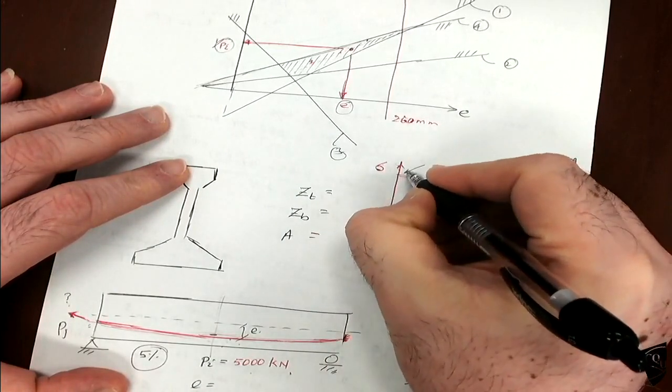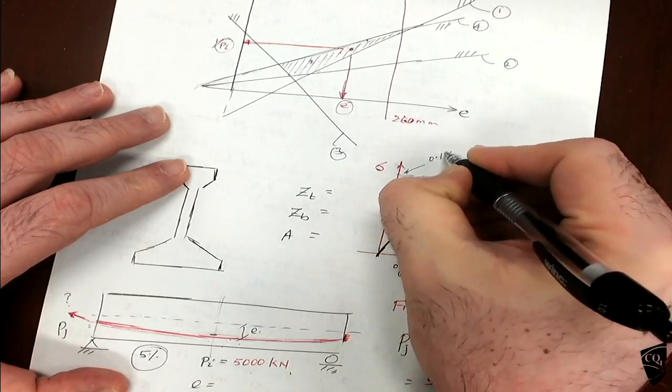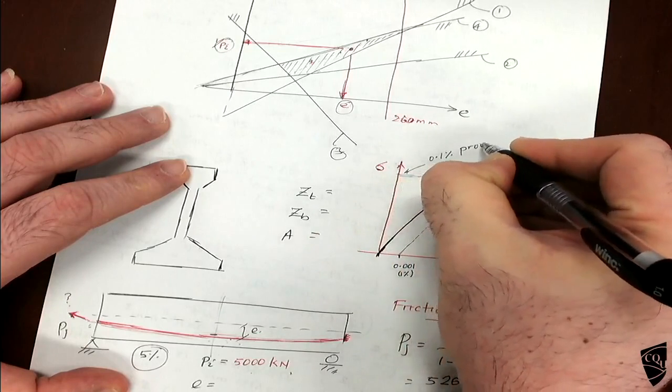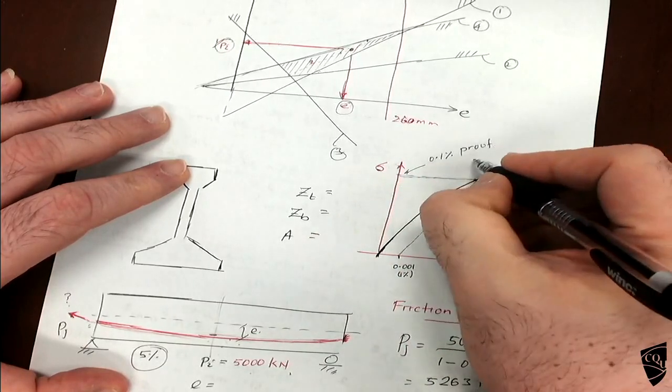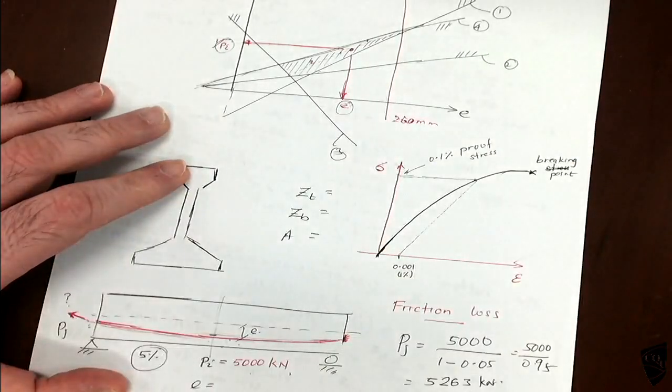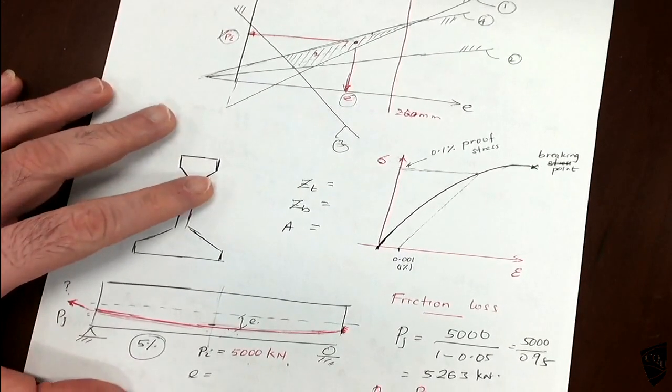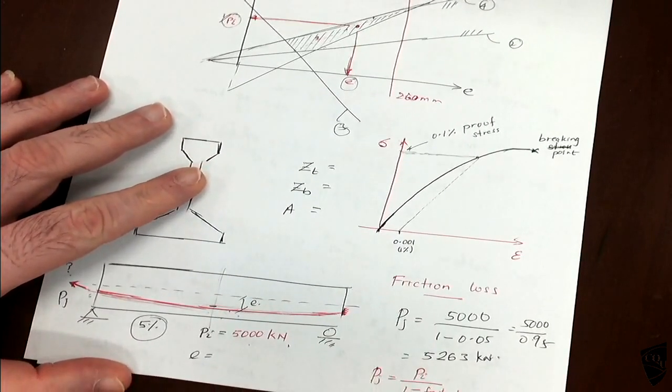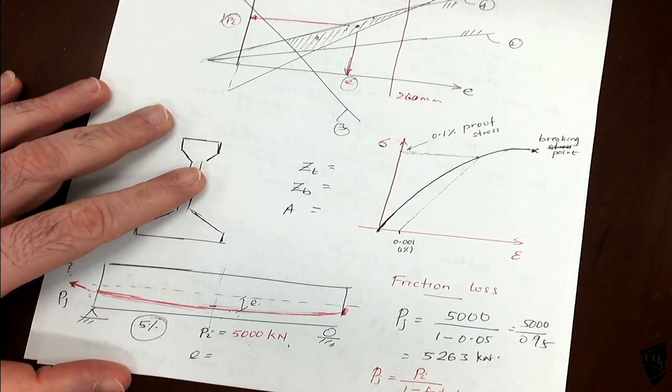So this value is called the 0.1% proof stress. Is it clear?